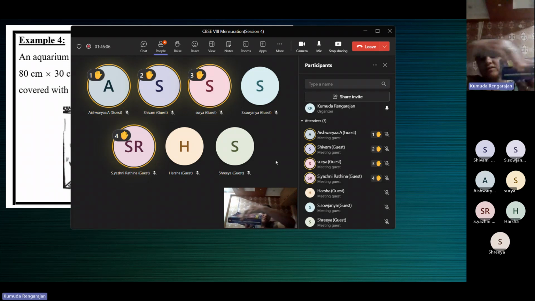Top and bottom faces area L into B. Front and back faces area L into H. Left and right faces area B into H.